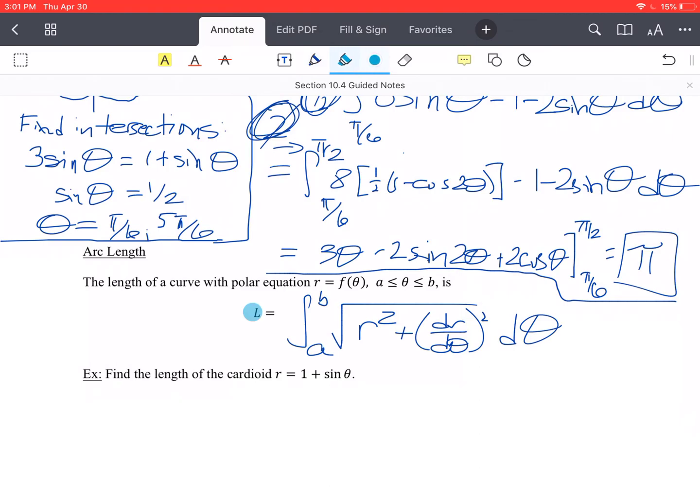So this is our formula for arc length of a polar curve.